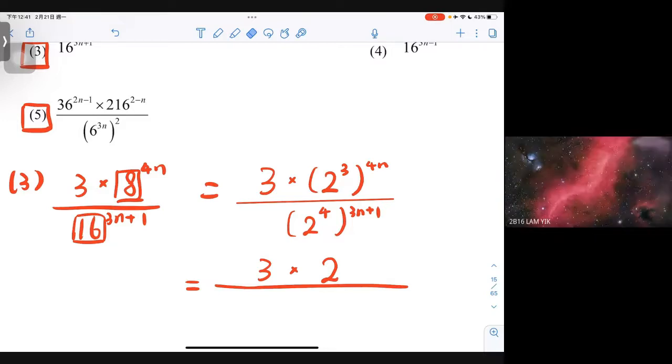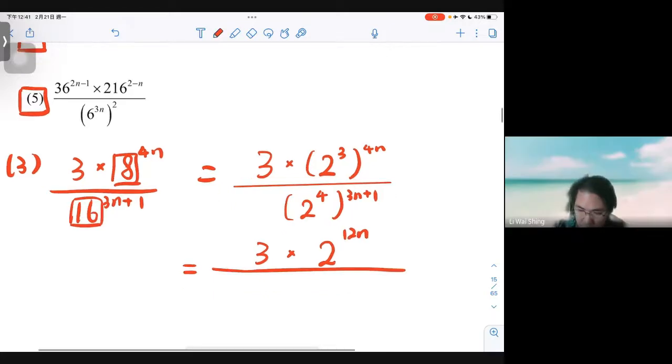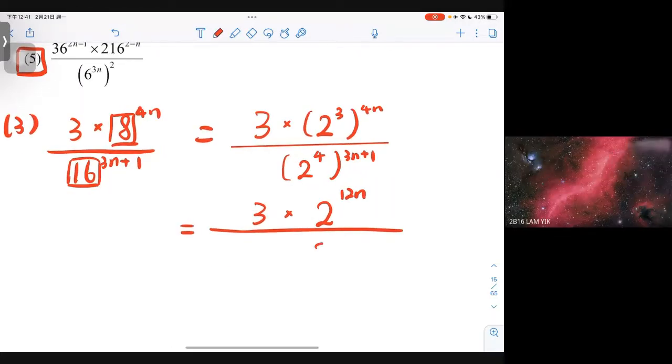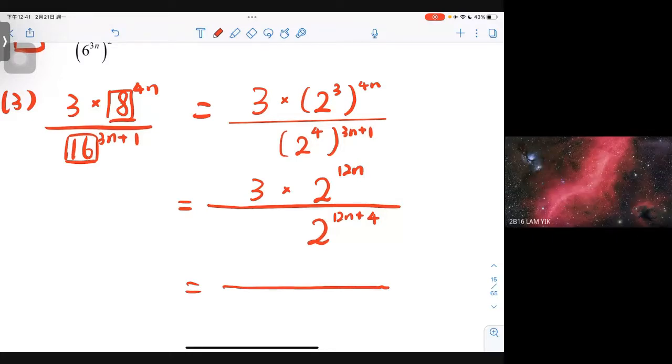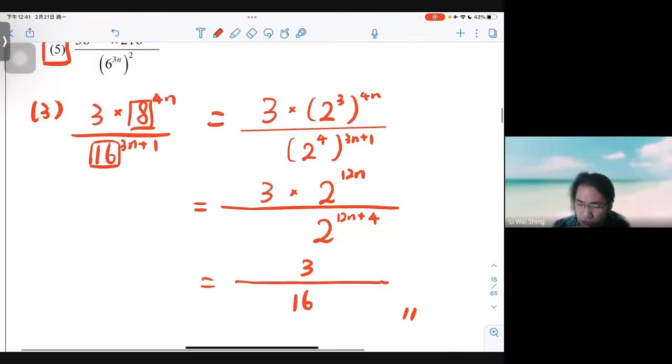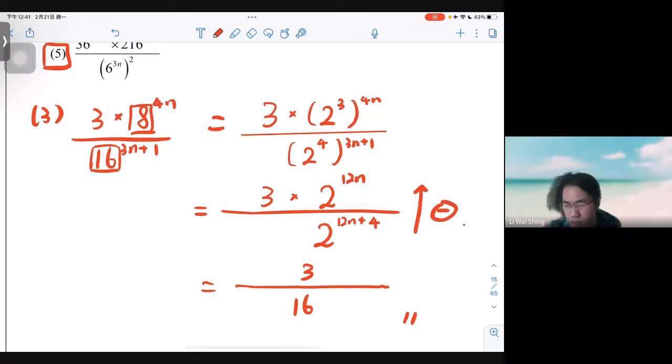Okay, 12n. And the denominator is 2 to the power of 12n plus 4. Yes, so simplify. So 3 over 16. Very good. So you use the bottom one subtract the numerator. Very good. Okay, good job.